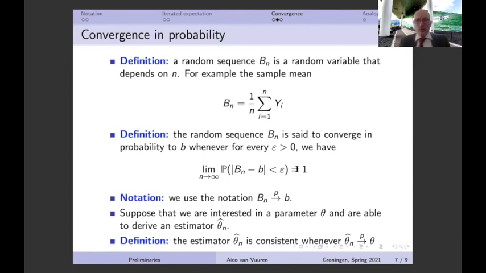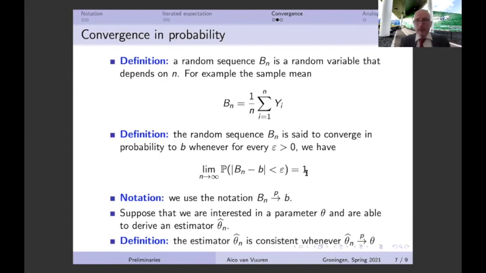That means it's not necessary that this difference is always smaller than epsilon. We don't know that, so we cannot know whether this difference is smaller than epsilon. But we can calculate the probability. The only thing we need is that if n goes to infinity, this probability, which is actually a non-random sequence, goes to 1.